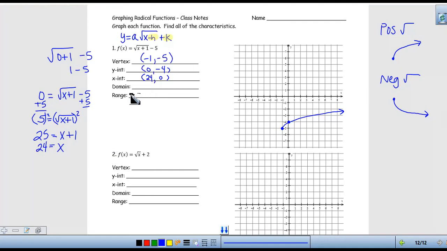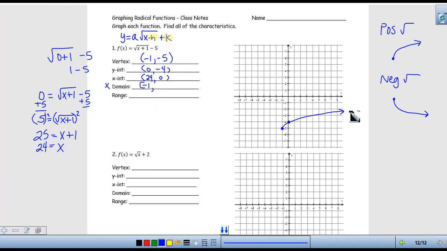Domain and range. Remember, domain only focuses on the x values of the graph, and we're going to write it in interval notation. So we'll tell how far to the left and then how far to the right this graph goes. The furthest left that this graph goes is -1. It stops there, so we're going to use a bracket.